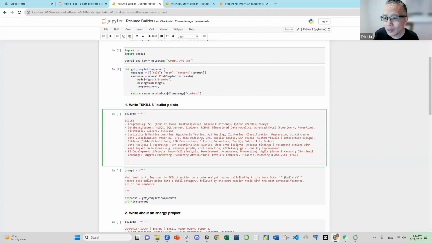So database systems, we don't just put these things randomly. If you search the most popular database systems, you probably will see MySQL, SQL Server, and BigQuery, right? And once again, everyone is a little different.